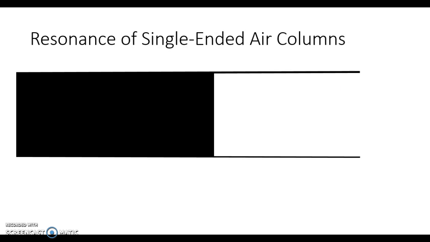If we move the piston a little bit further back, such that we find the area of second resonance, in this case, again, we have the string. We're moving that string up and down at the same frequency. We're going to get a standing wave pattern that looks something like this.